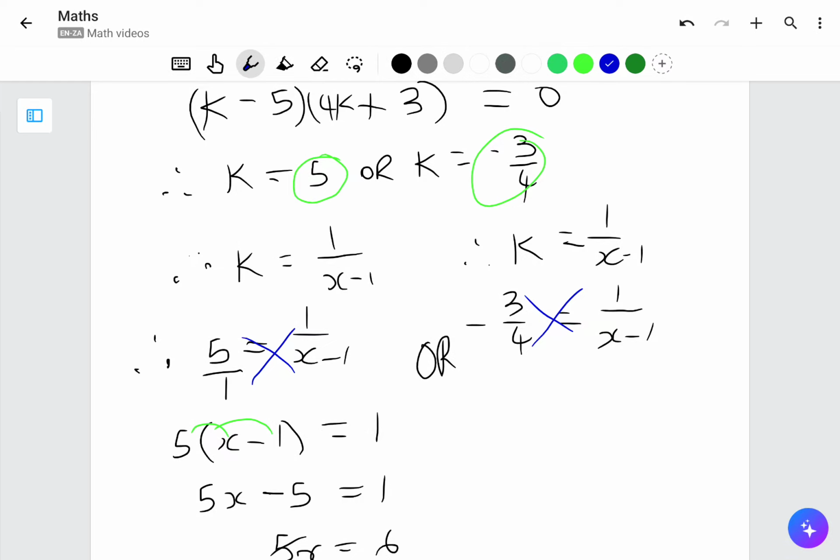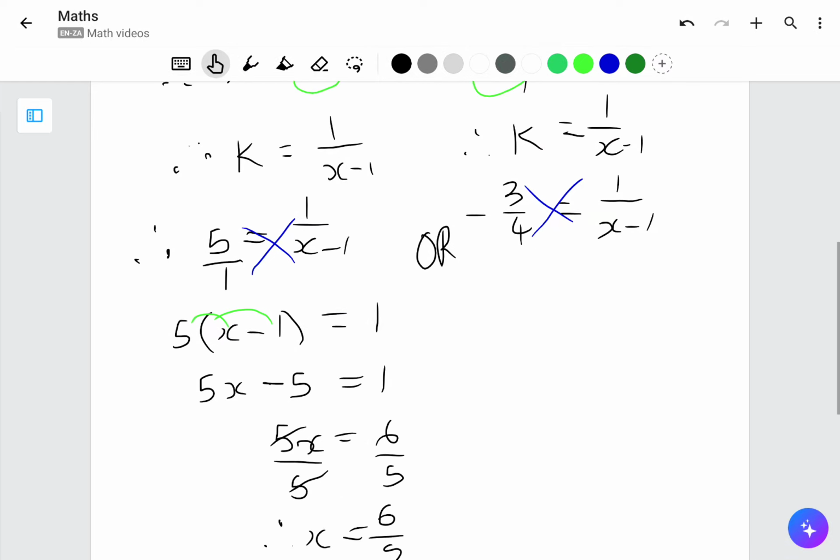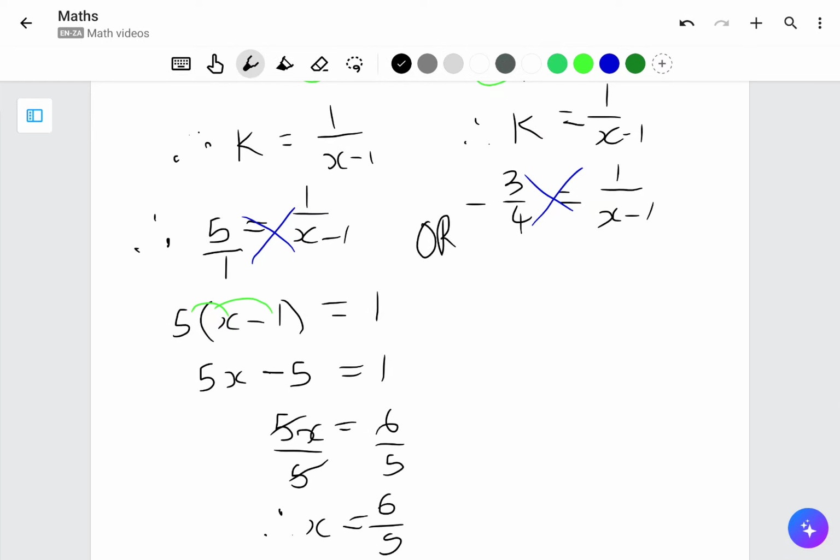So let's do the cross multiplication method. We're going to have minus 3 times x minus 1 equals 4 times 1. Again, we can do distribution. We can say minus 3 times x and minus 3 times minus 1. That's going to give me minus 3x plus 3 equals 4.